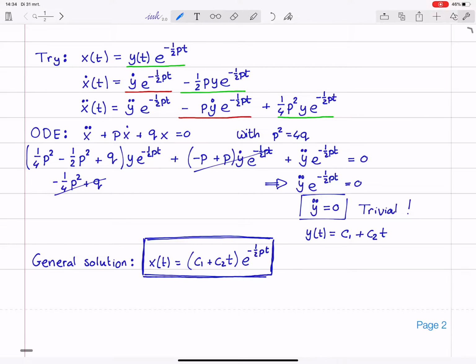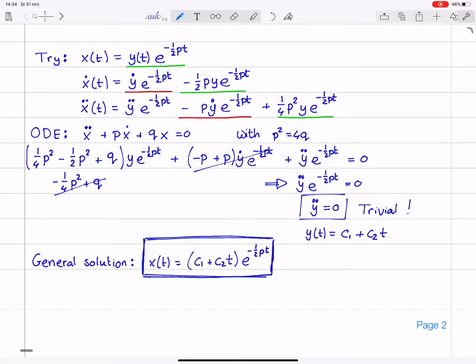Now, using this procedure of reduction of order, we were able to discover that the second solution is just the same as the first solution, but then multiplied by a factor of t.